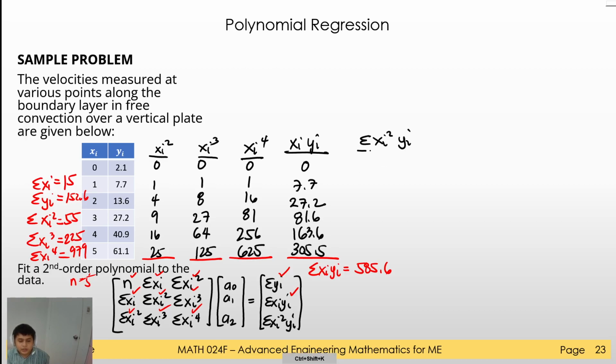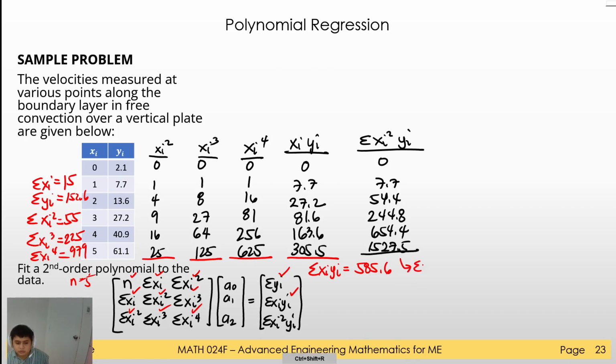And then for the last one, we have the summation of xi squared yi. What we can do here is just multiply xi squared and yi. So we have 0, 7.7, then 13.6 times 4 is 54.4, and then 244.8, 654.4, 157, 152.7.